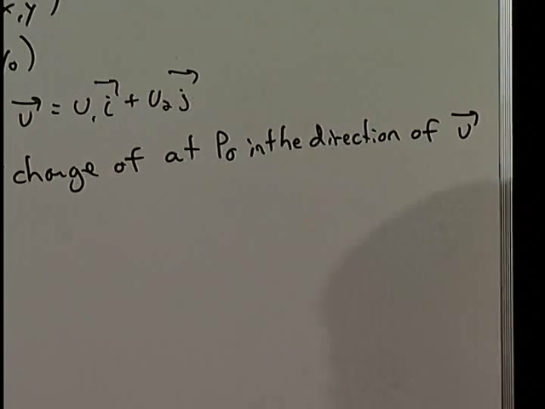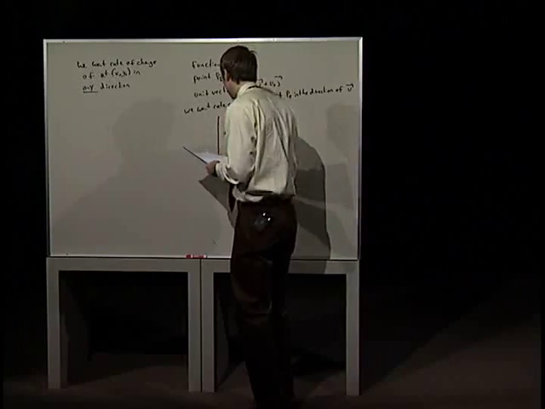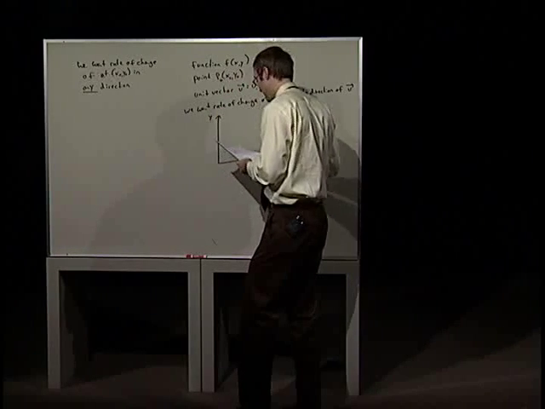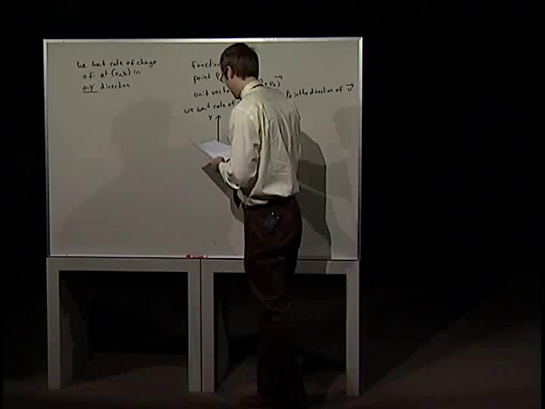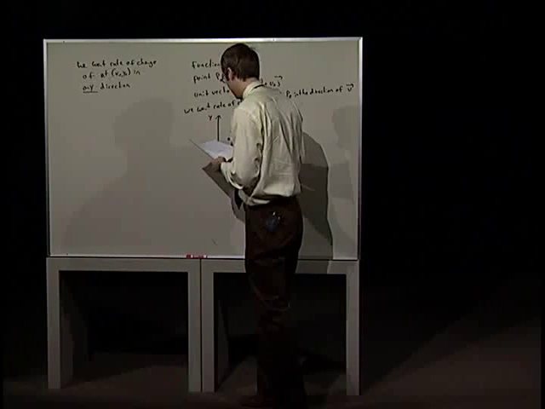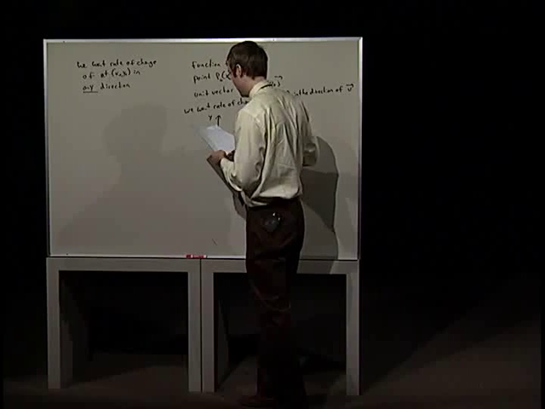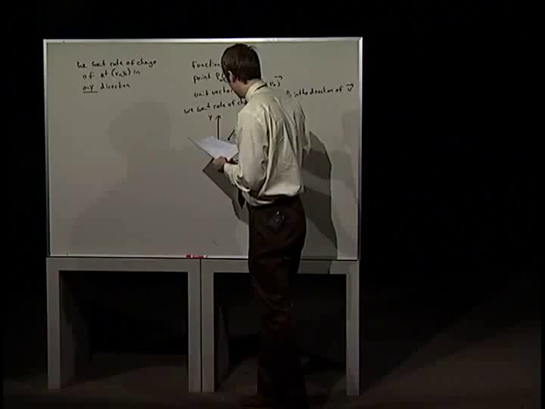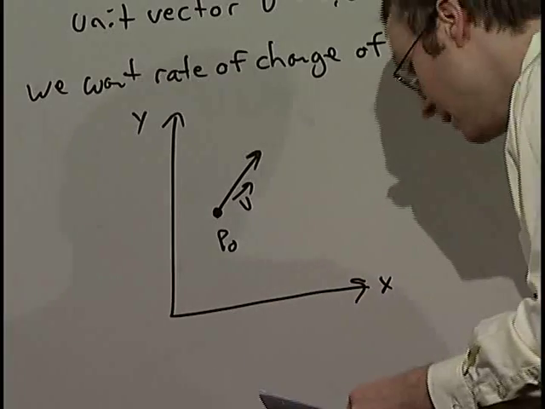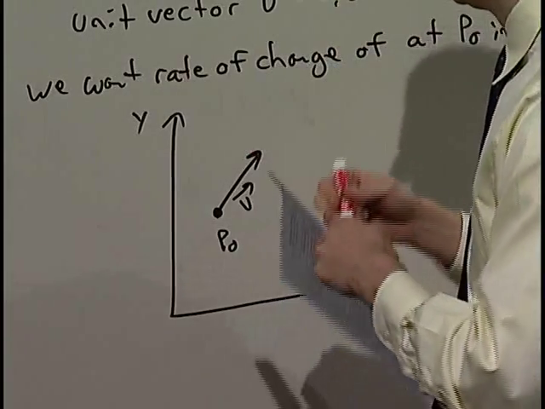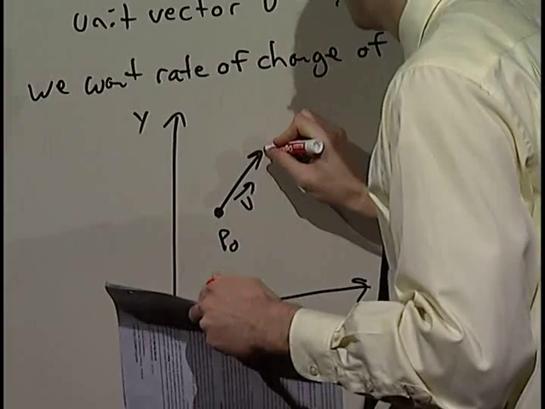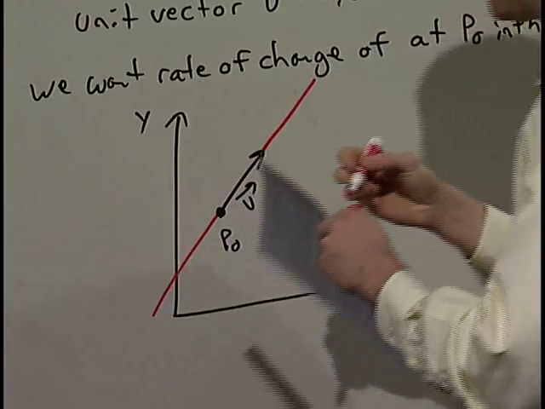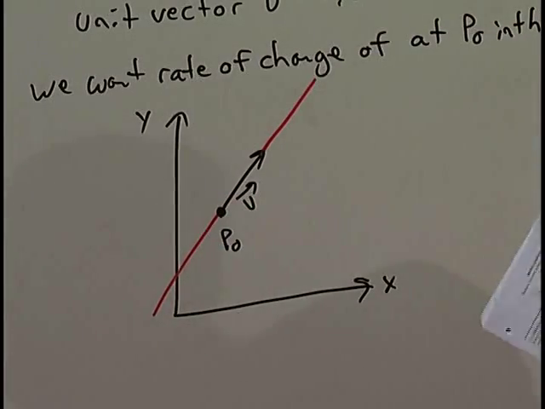So we want exactly this idea right here. Okay, let's draw a picture. Here's a subset of the xy plane. Here's a point P naught. Here's a unit vector u. And just because u is a unit vector doesn't mean we can't move along its direction as far as we want. So we can move along this line.